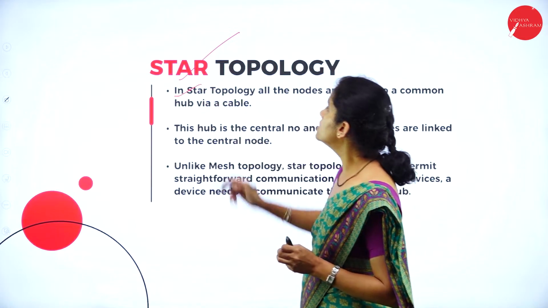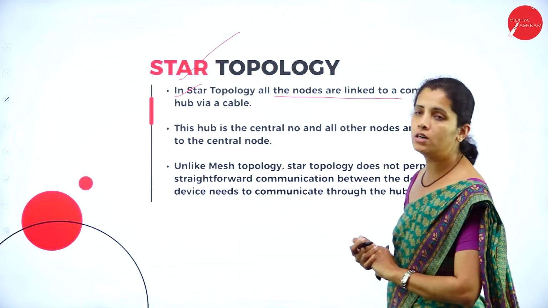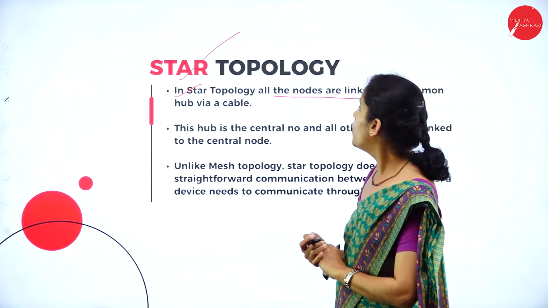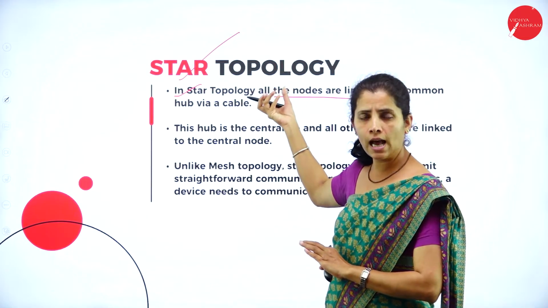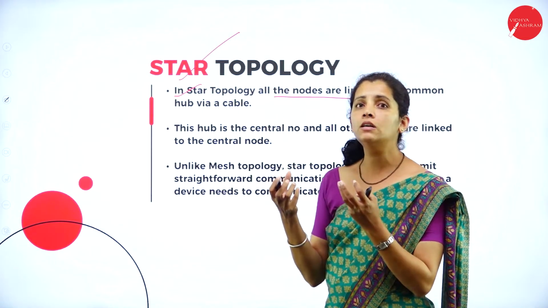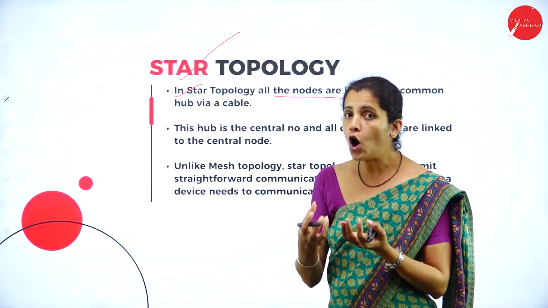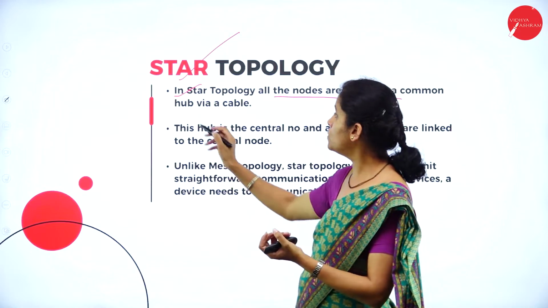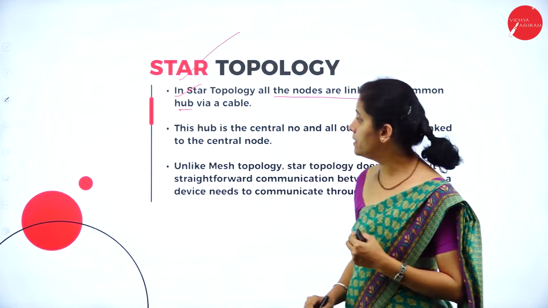So, in star topology, all the nodes are connected to a common device, known as the hub, via a cable.